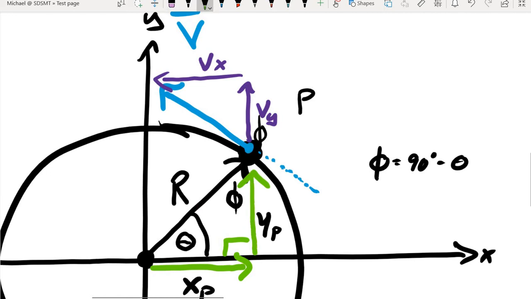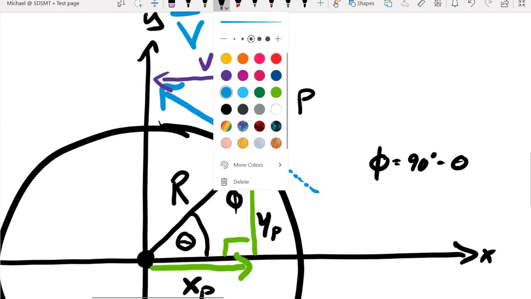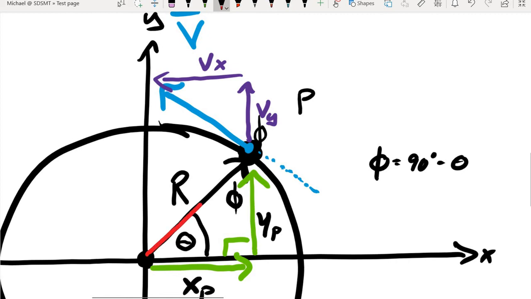sometimes that eraser function takes away too much. So the angle that I'm getting just below that y component of my velocity vector, that's also phi.